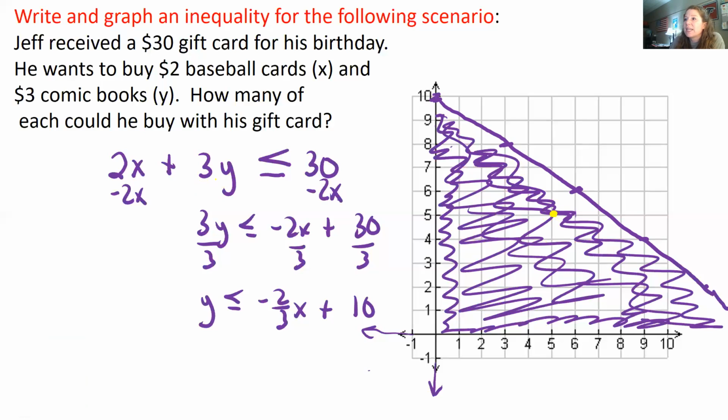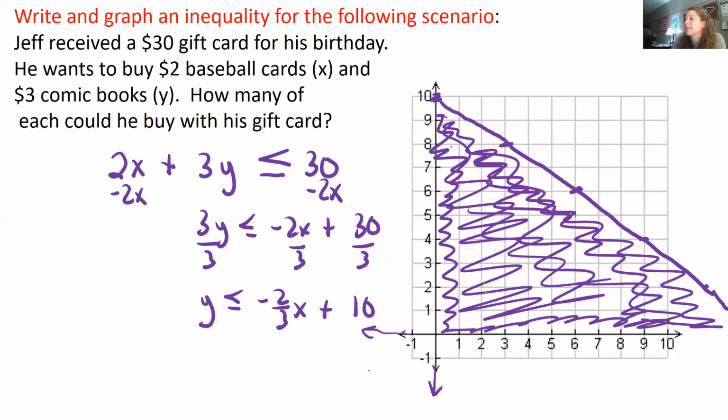And doesn't 15 plus 10, isn't that less than 30? It is. All right, I could buy 10 and 1. I could have 10 baseball cards and 1 comic book, and that would be $23, which is less than $30. So all of the shaded area represents my solutions, okay?